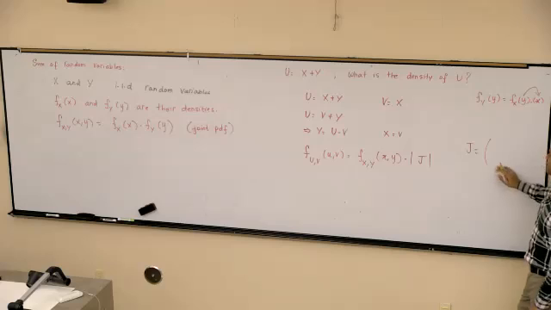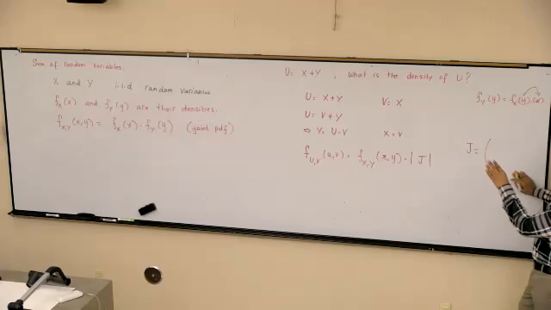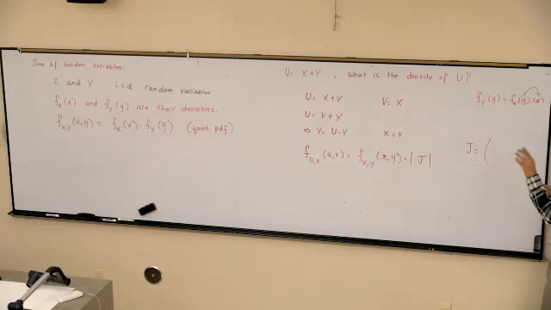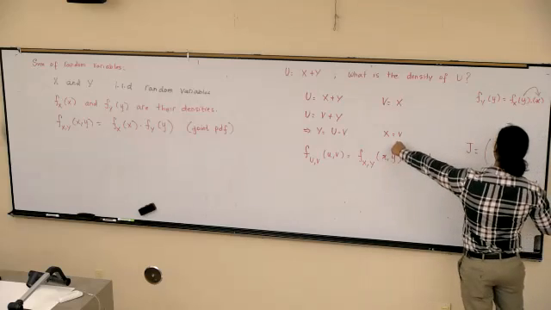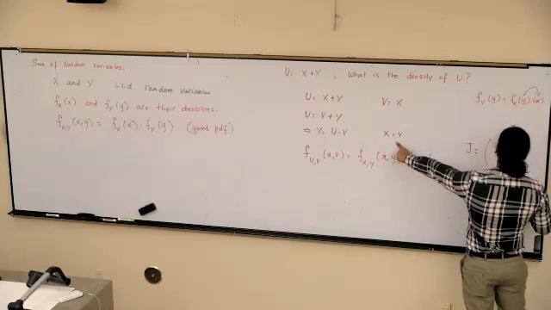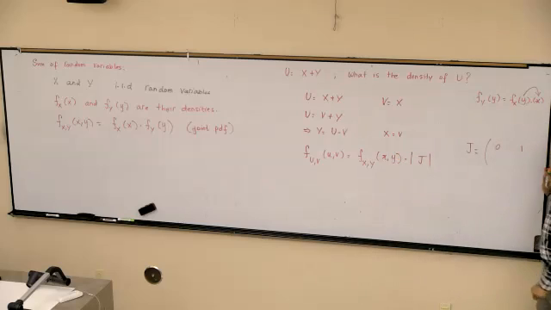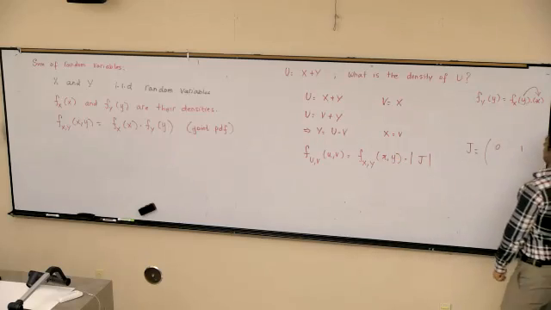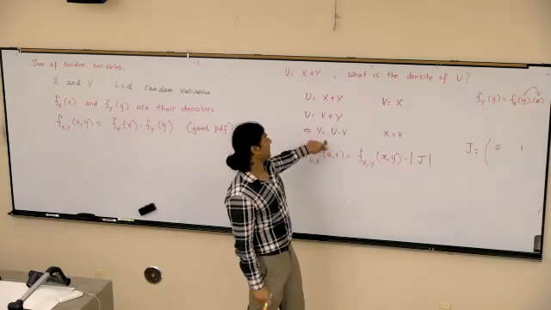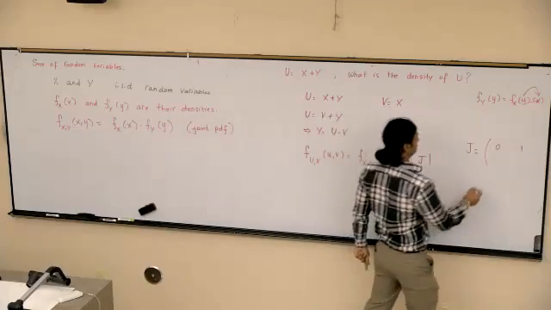So the matrix, we just have to take each variable and take the derivative with respect to u and v. So if I take the derivative of x with respect to u, I'll get 0. With respect to v, I'll get 1. The derivative of y with respect to u is 1.